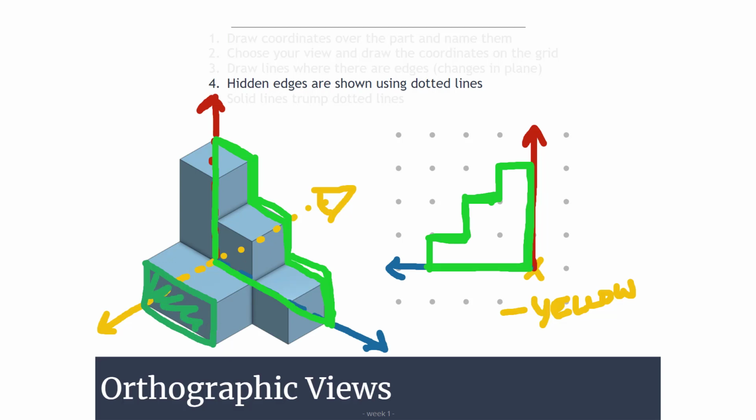So we should be able to see it, except for the fact that it's blocked. And so this is where this rule comes in. Hidden edges are shown using dotted lines. And so let's describe that, right? This corner is the corner that is overlapping the y-axis, right? It's projected onto the origin, and so let's start there.